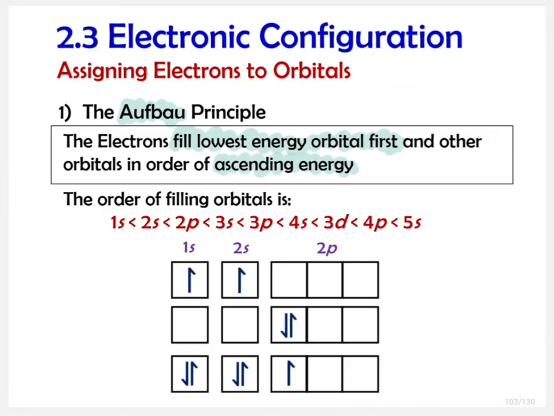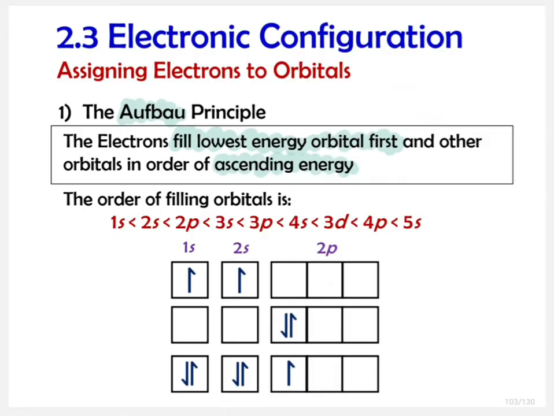Kita dah belajar about the principal quantum number n, itu relates kepada energy level. Jadi based on Aufbau, kita mesti isi elektron ke dalam orbital yang lowest energy. Mesti penuh dalam lowest energy orbital first. Dah penuh, baru kita boleh pergi kepada orbital yang seterusnya.